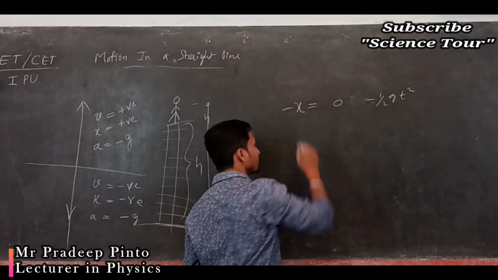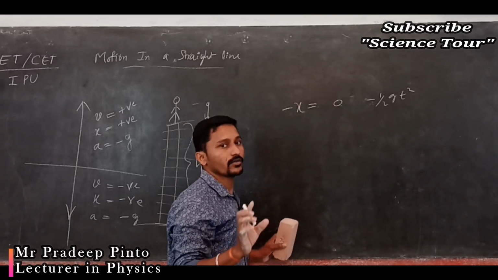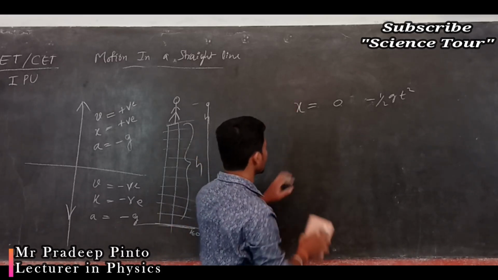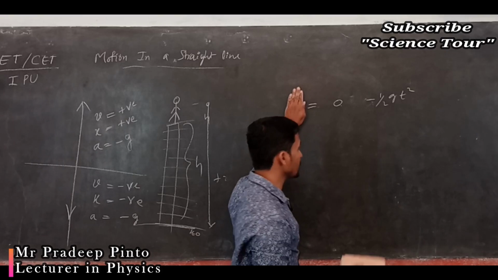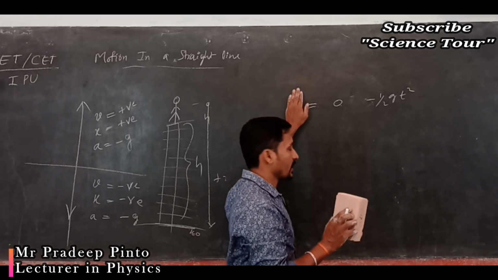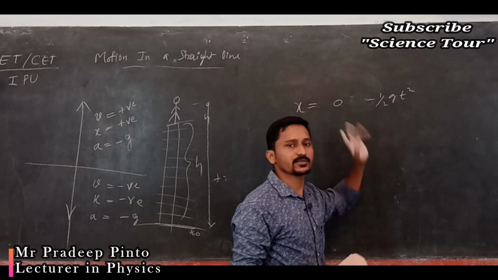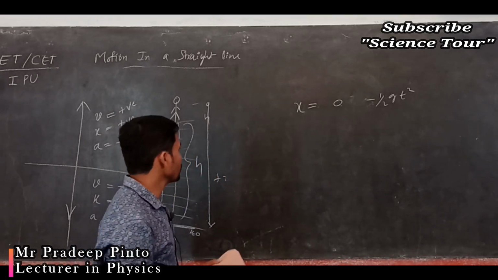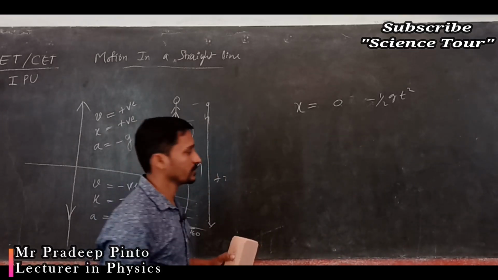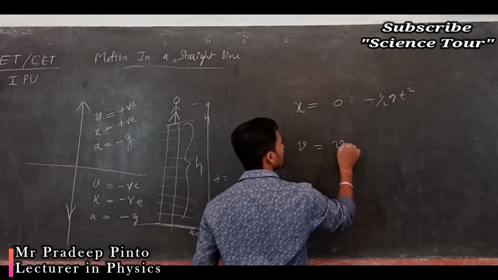Now you have to put minus here, because I am going to take x, and I don't know whether it is positive or negative, that is what I am finding. So where the unknown is there, don't put any sign. The known factors, put the sign and substitute, simple, that's all. Got it? Now suppose you have to find the final velocity, that is V equals V naught plus AT.